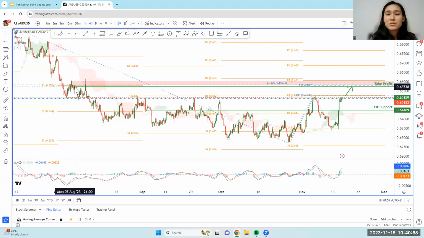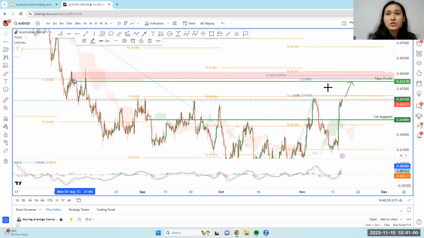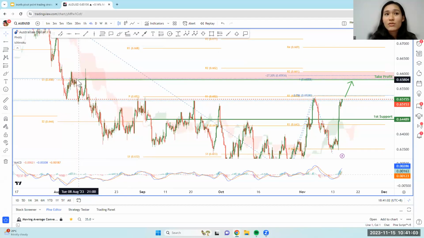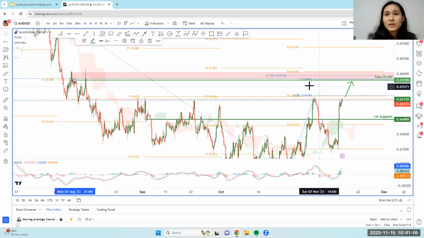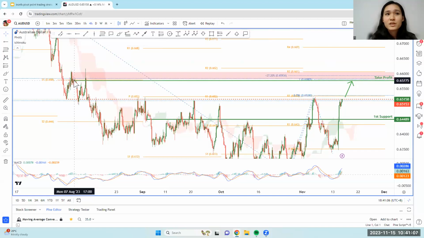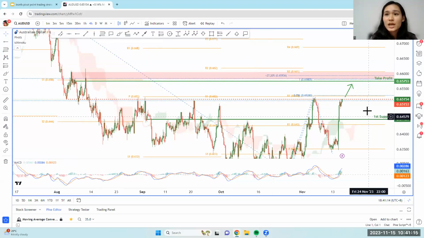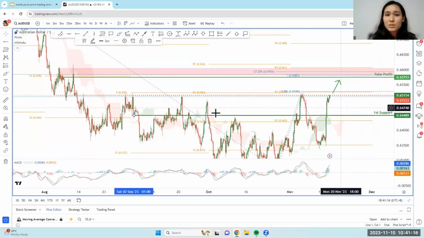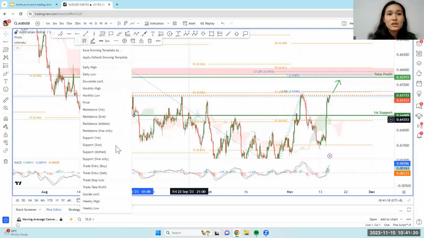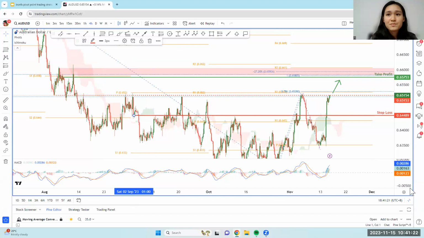Your take profit will probably be here, and we normally recommend you place it below any major confluence areas, so that you are able to catch price before it reverses off of them. Then your first support in this case would be your stop loss.